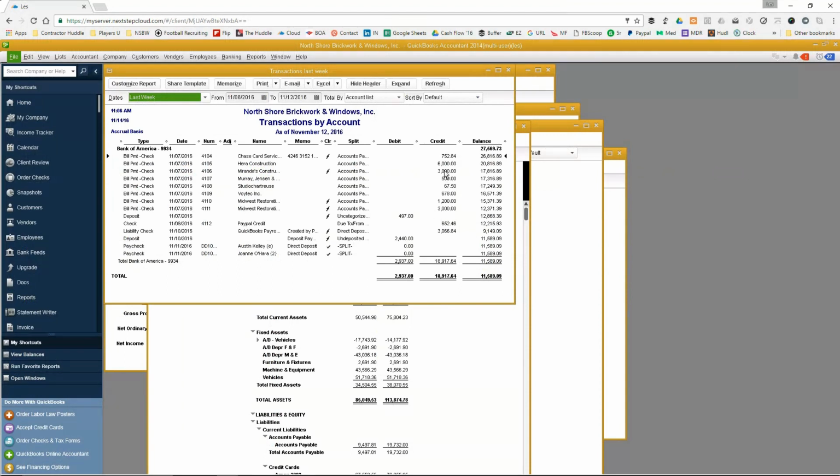And so sometimes I take this into an Excel spreadsheet because there's so many transactions and I want to be accurate, but sometimes I know I could just knock this out as is. So when you see Hera Construction, Miranda's Construction, Midwest Restoration, Voitech, these are all my subcontractors that I use. So I'm going to add all of those up because I have a special category just for them.